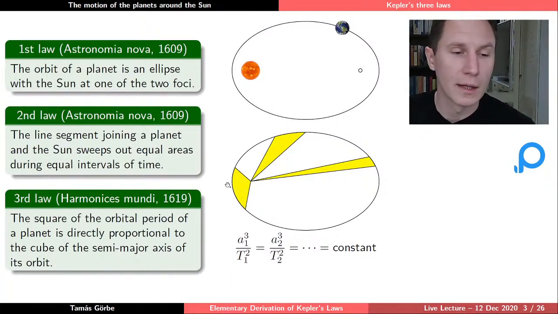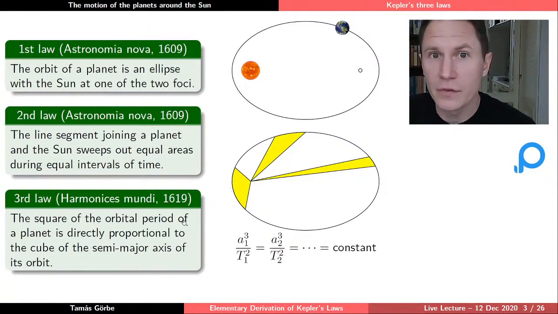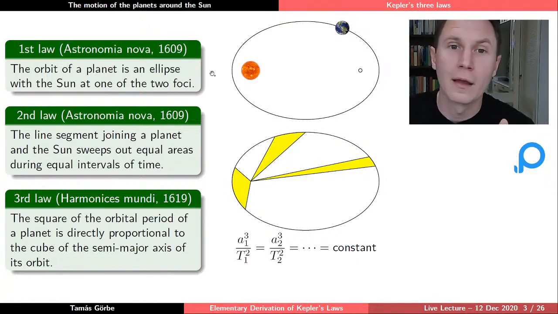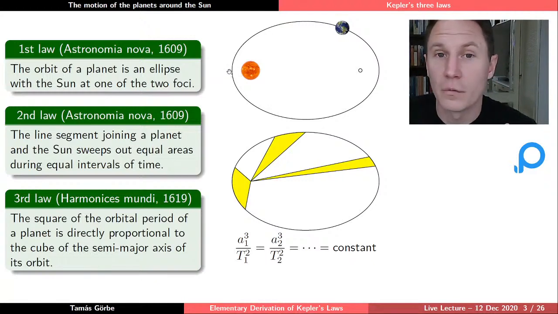And the third law is about the orbital period, the time that it takes the planet to go around the Sun. It says that the square of this orbital period is directly proportional to the cube of the semi-major axis of the ellipse, and that is the longest axis, the width of the ellipse.